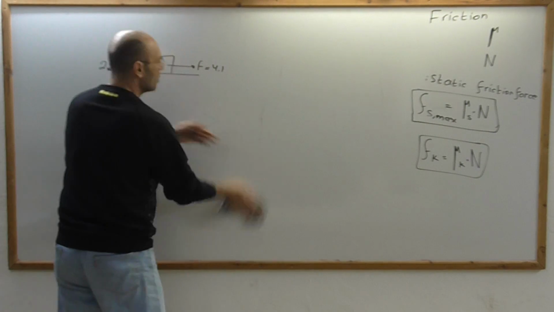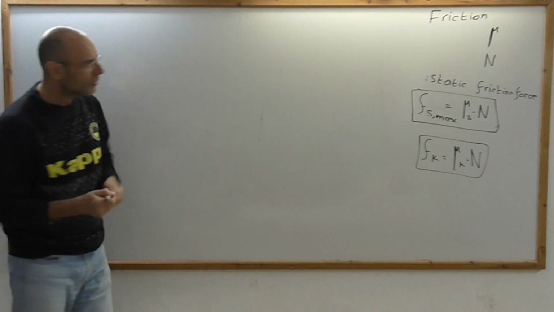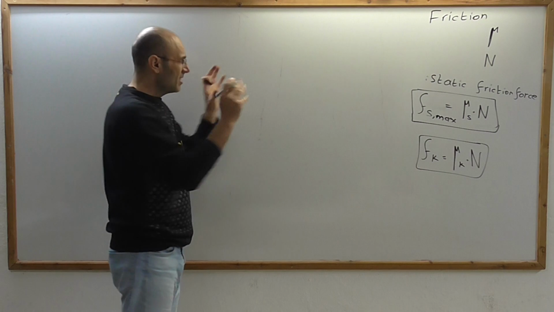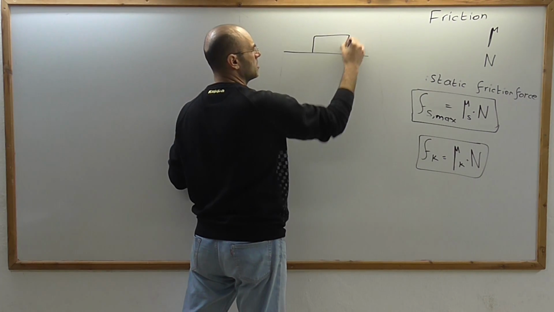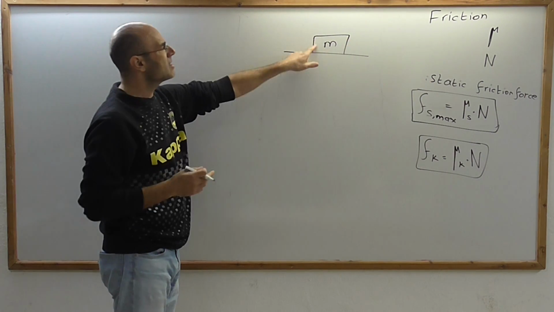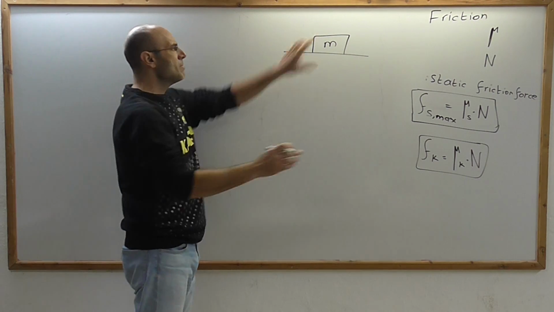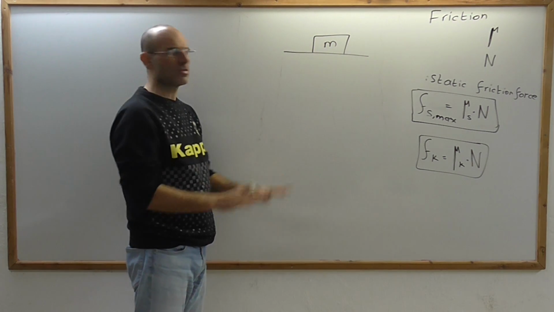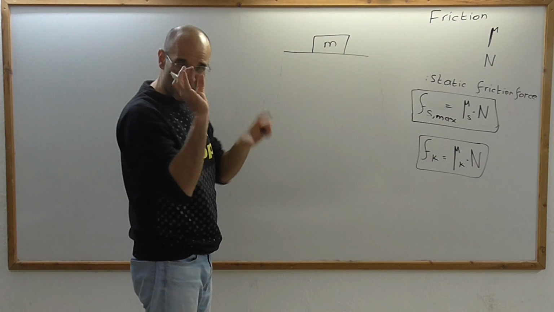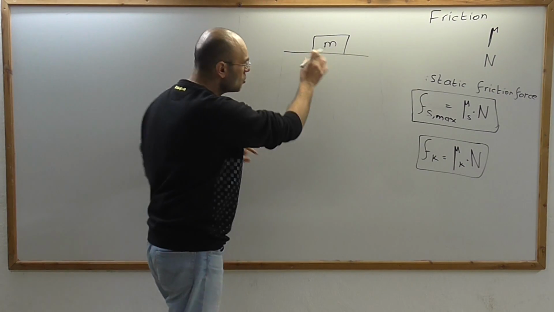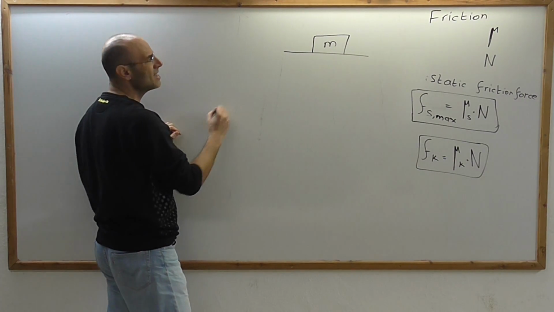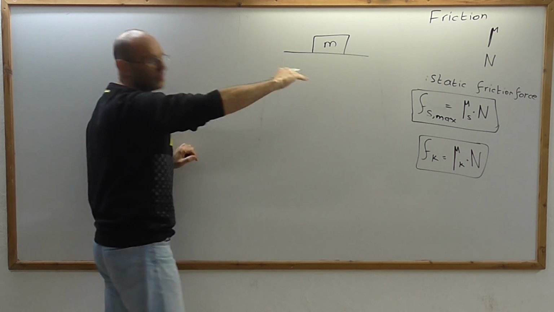Okay. I want to show you one more thing, so you see where it comes from. Why does it work like this? Let's draw this picture. This is the mass, this is the surface. Suppose the mass is on the surface, static, it doesn't move. If we take a magnifying glass and zoom in on this place, we'll see the surface is not so flat.